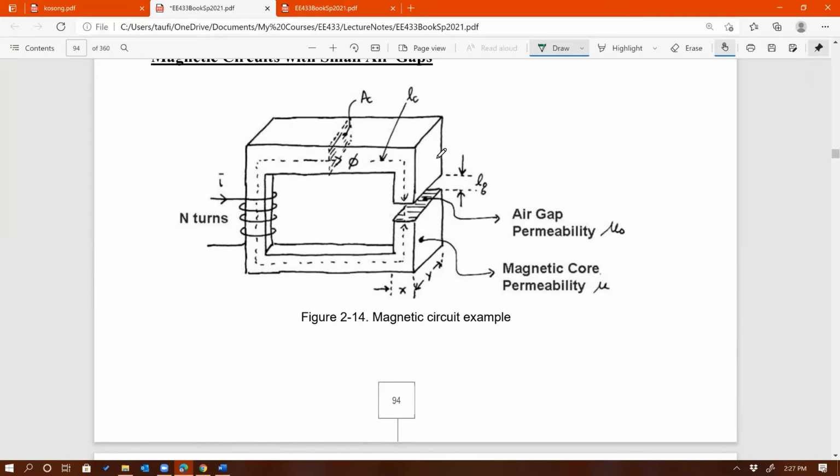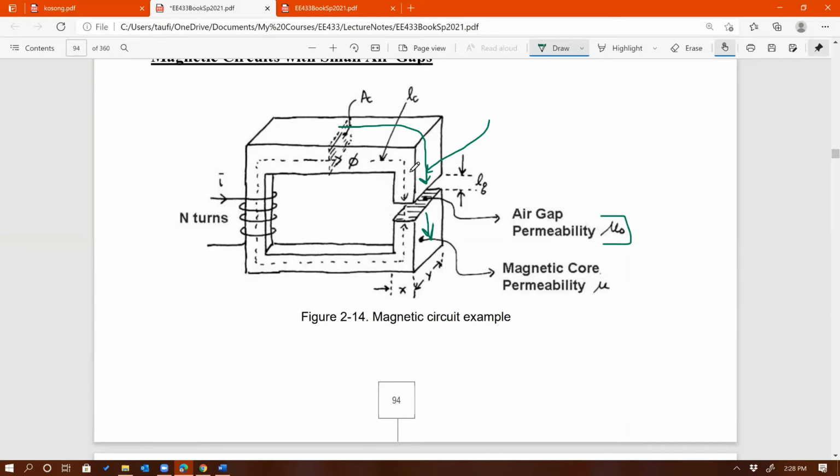You have a magnetic material and flux flowing into it, and its flow is being interrupted by a different permeability, because now this flux has to flow to the other side of the core through a material that has different permeability. In this case, the permeability of air, which is roughly mu naught. So from mu to mu naught.